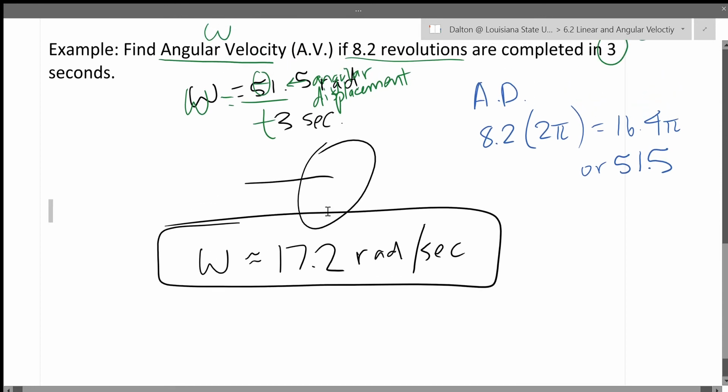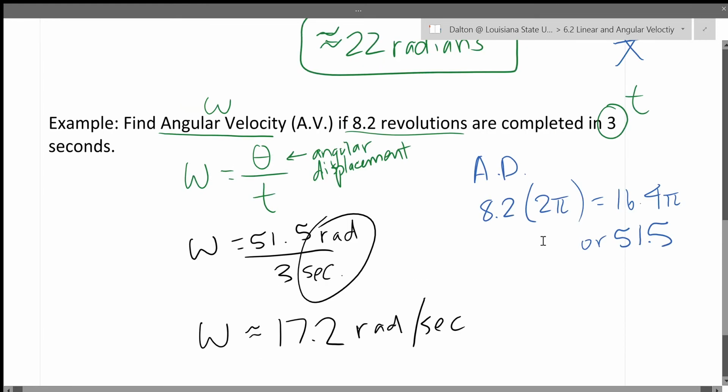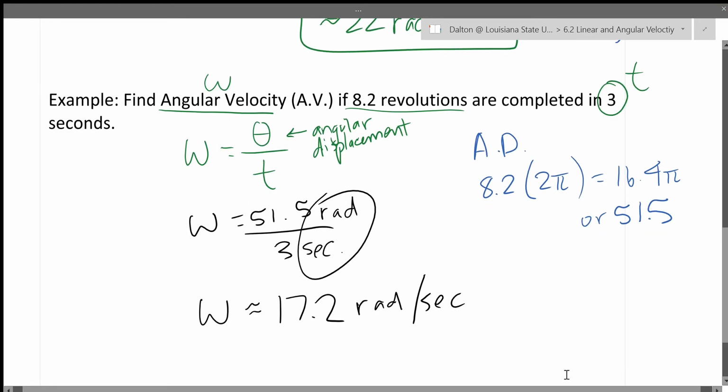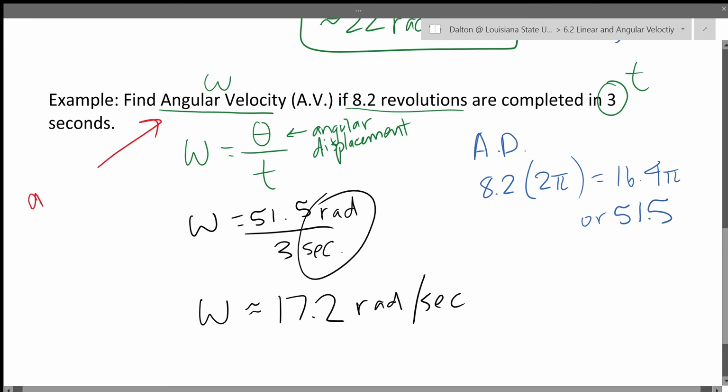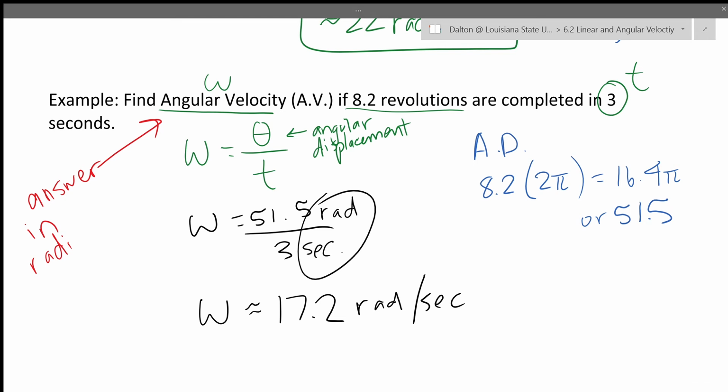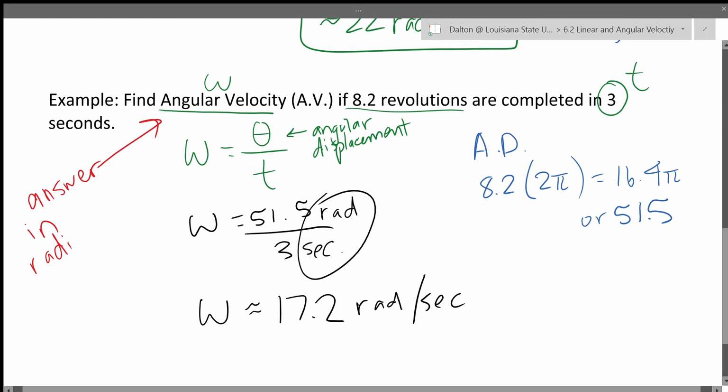So maybe you want to make a note of that somewhere. Angular velocity will always have an answer in radians.